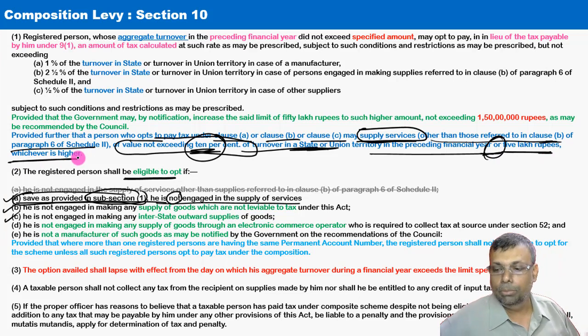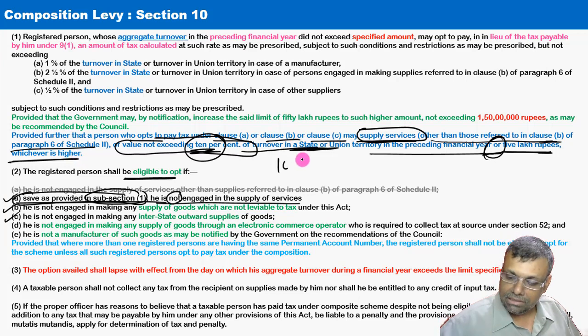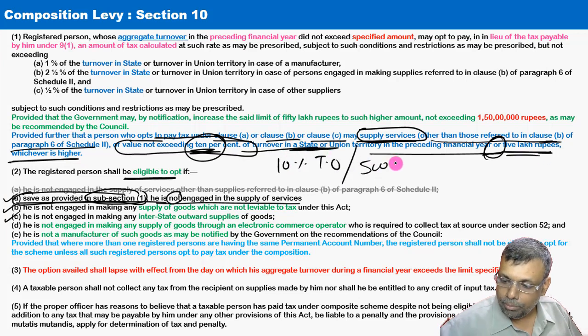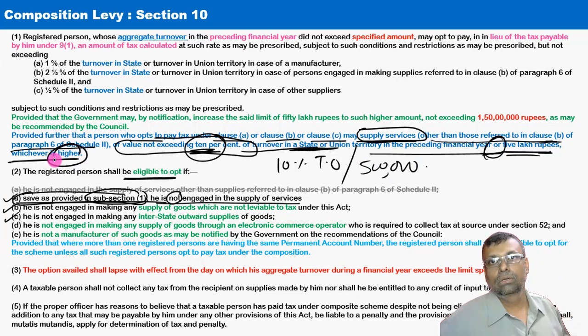So if you are providing services to the extent of 10% of the turnover or 5 lakh rupees, whichever is higher, that means the maximum supply of services you can do under this particular scheme is 5 lakh rupees. That way you can say.